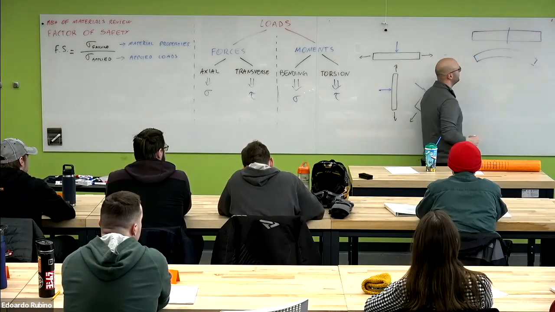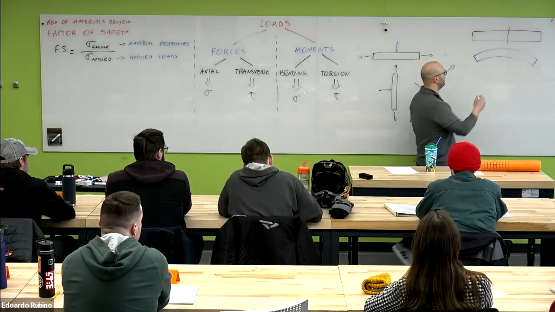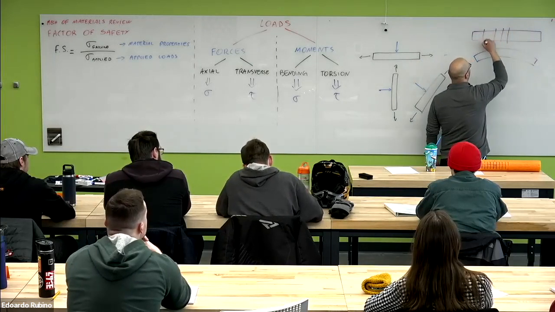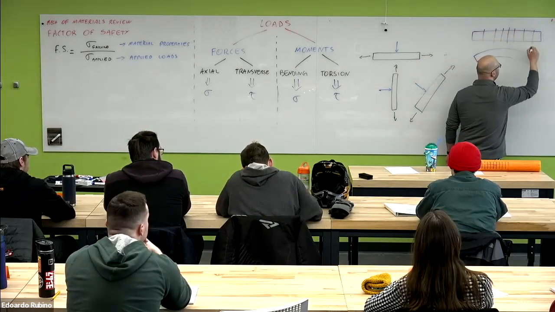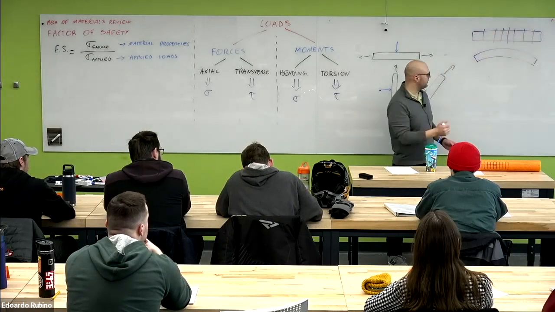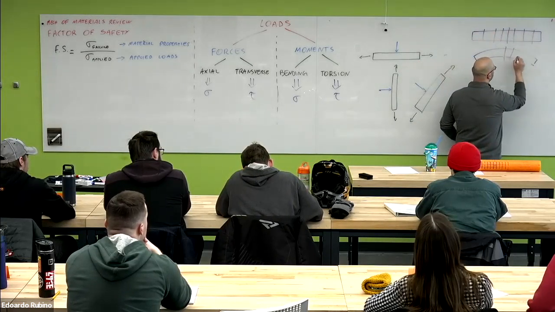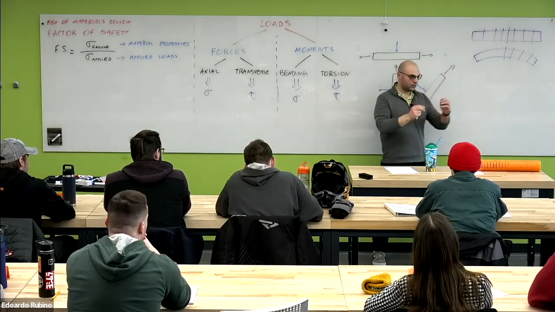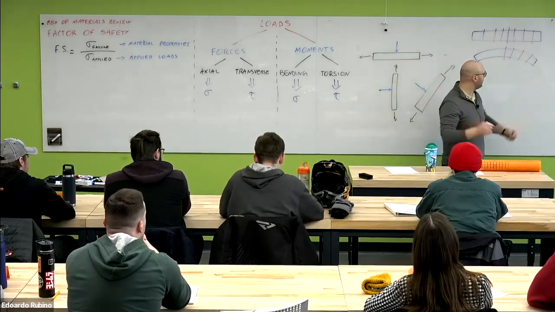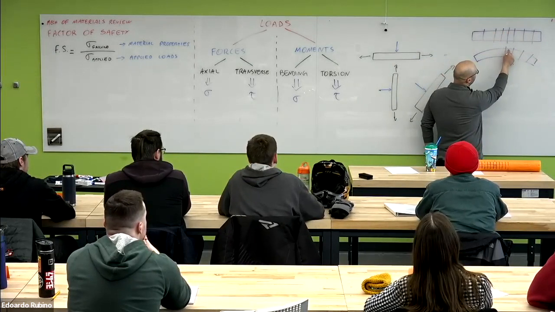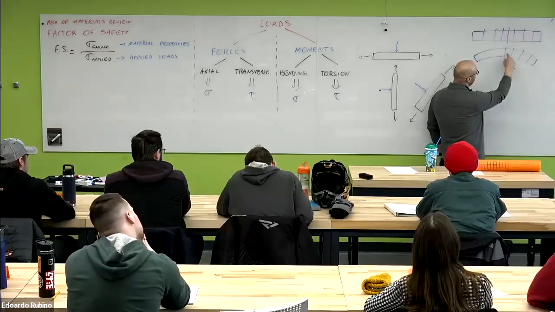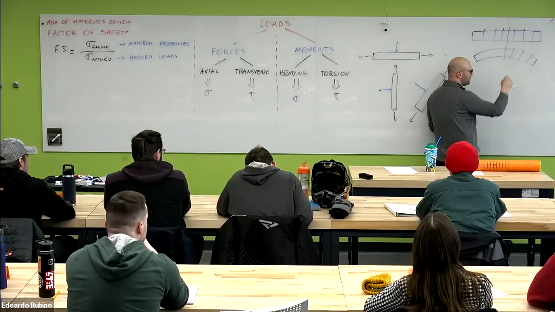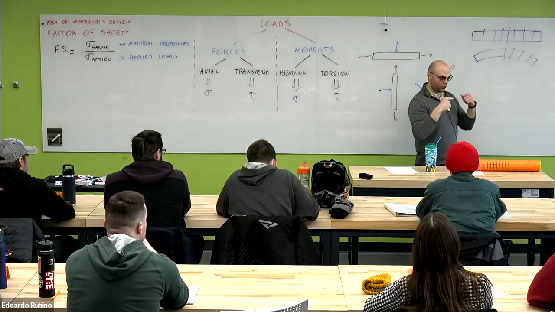If you look at how all the cross sections are oriented before and after the deformation, you can see that there is a change in the angle along the axis of the beam. It means that basically every fiber, as we call it, in our material is either stretched or compressed.